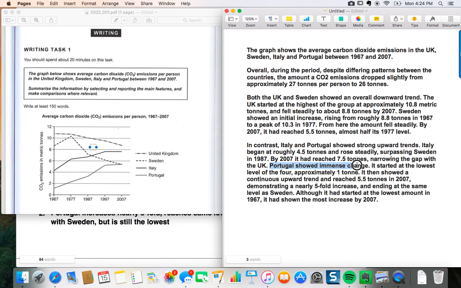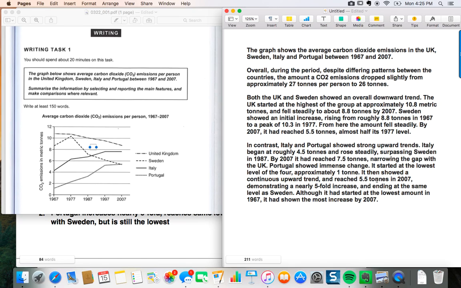Then I say Portugal showed immense change. All right, overall, big change. It started at the lowest level of the four. So now I'm comparing. Okay, that's important. I'm not just describing it, but I'm comparing it to the other ones. Approximately 1 ton. It then showed, again, a nice little connector to the previous sentence, a continuous upward trend. I should probably put a comma there.